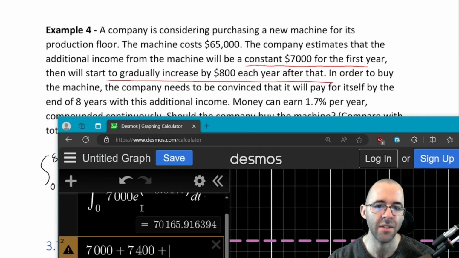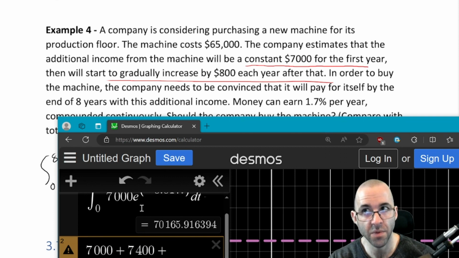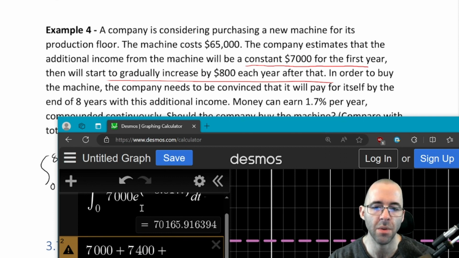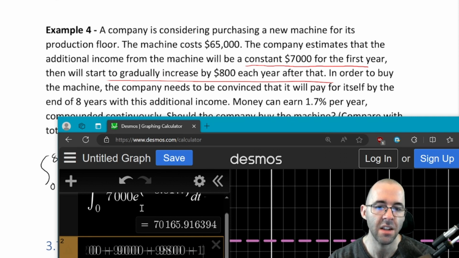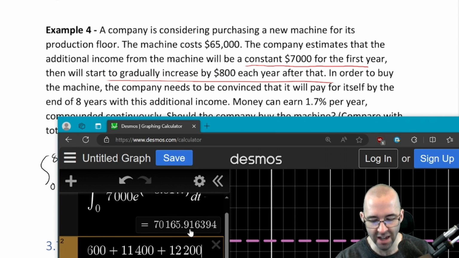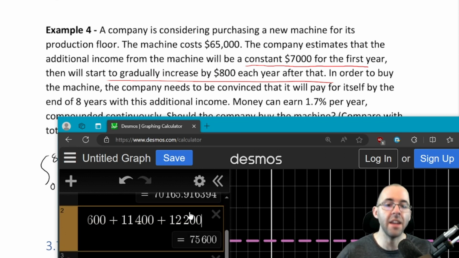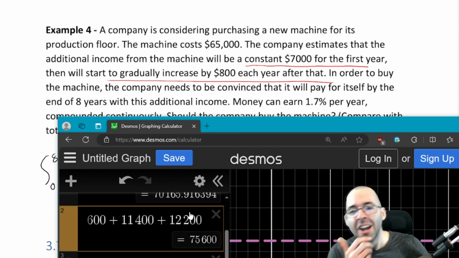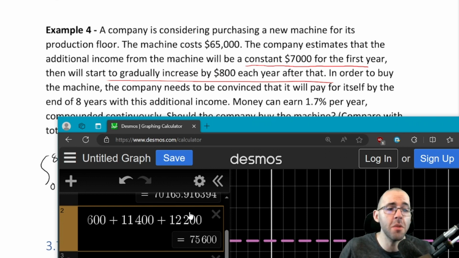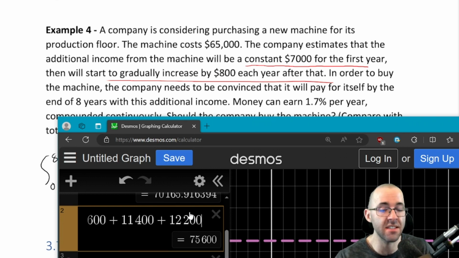And then year 3 is going to be 8,200. Year 4, year 5, year 6, year 7, year 8. I wonder if I actually am adding this correctly. Good, I did. So the total money that this machine gives us is 75 grand.